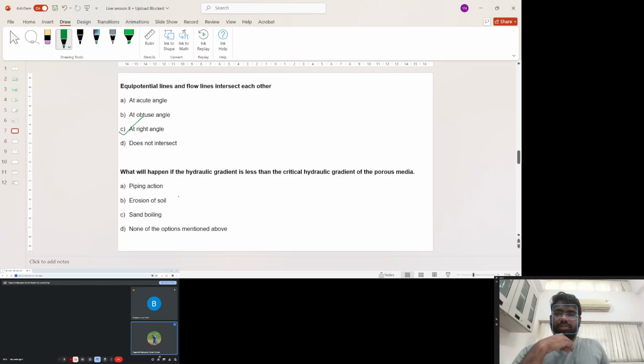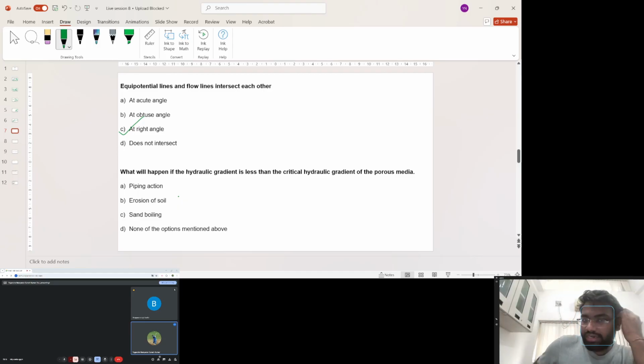Right? So coming to the next question, what will happen if the existing hydraulic gradient is less than the critical hydraulic gradient of the porous media?